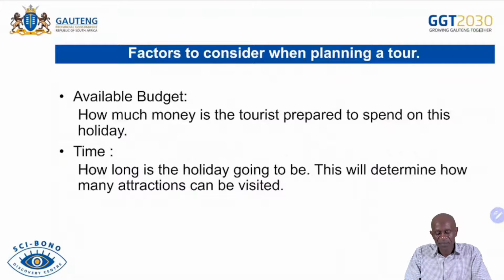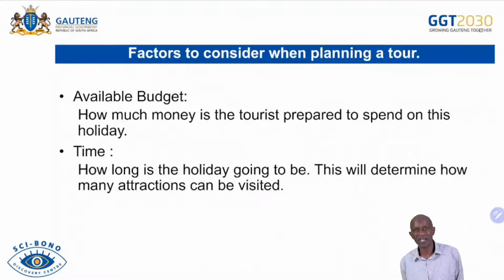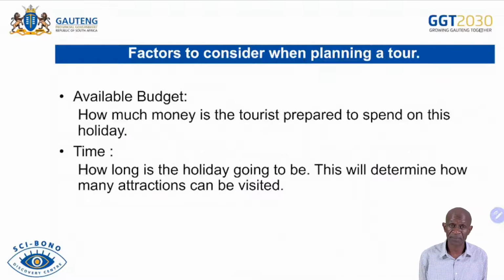The time. How long is the holiday going to be? It's somewhat related to the issue of budget, and it also determines how many attractions can be visited. So the budget and the time are closely related.